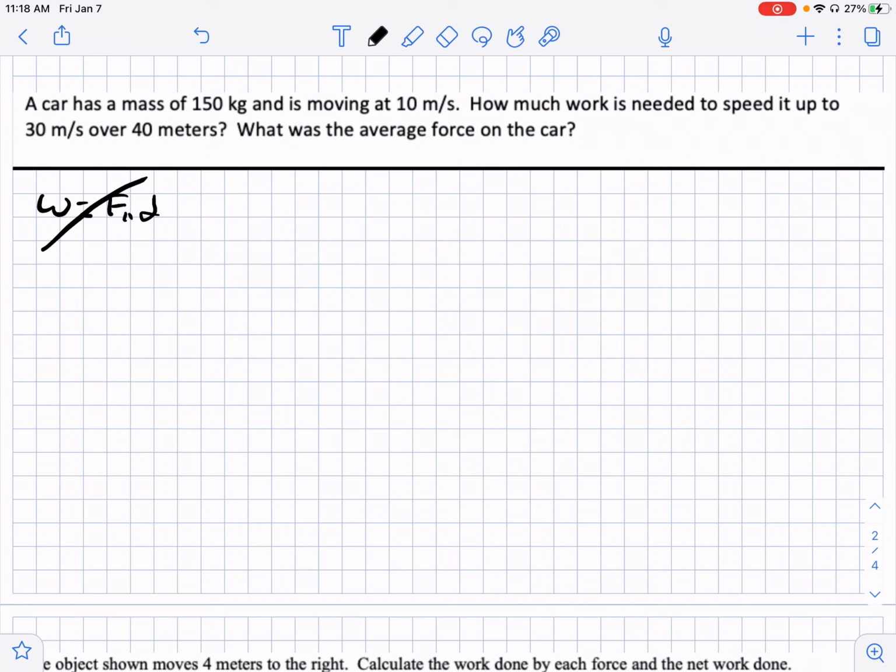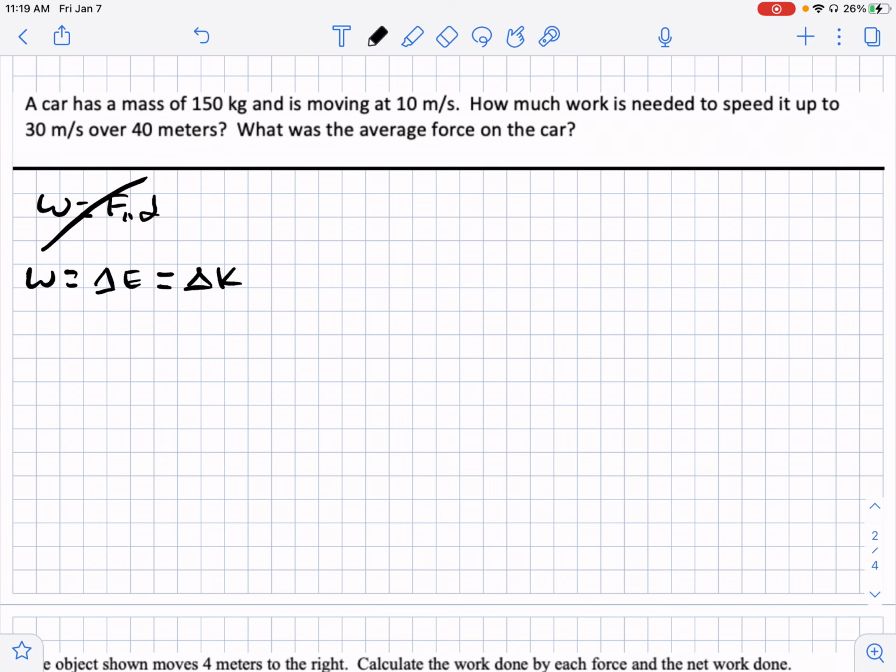That means that we're going to have to use an equation in terms of work is equal to a change in energy. Now, in our inclined lab, our change in energy was a gravitational potential energy. But in this problem, it's not gravitational potential energy, it's kinetic energy because it's dealing with the motion of the car. So for this problem, work is going to equal your change in energy, specifically a change in kinetic energy.